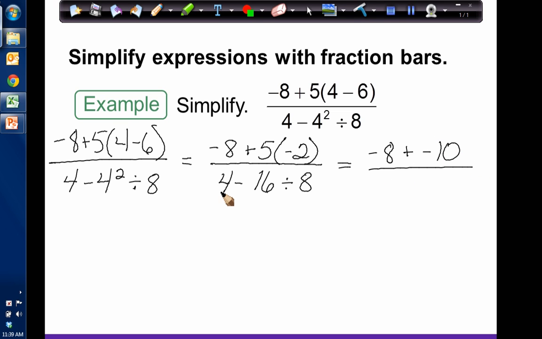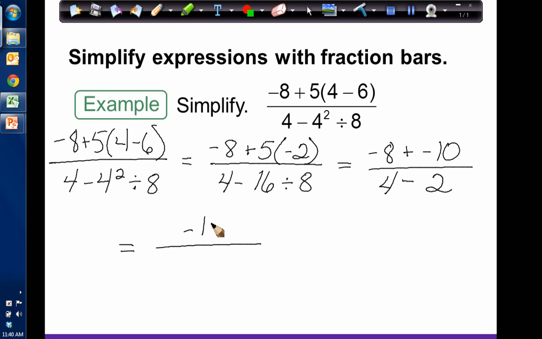In the denominator, again, we don't have any parentheses. We've done the exponents. So we're going to do the division in order from left to right. 16 divided by 8 is 2. Okay, great job. All right, let's continue. What is negative 8 plus negative 10?